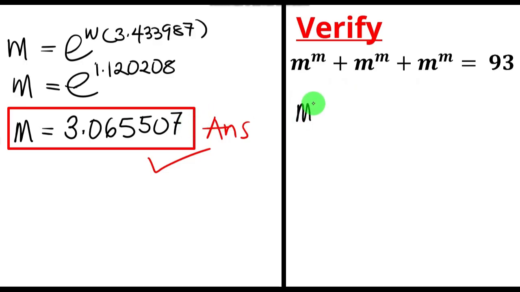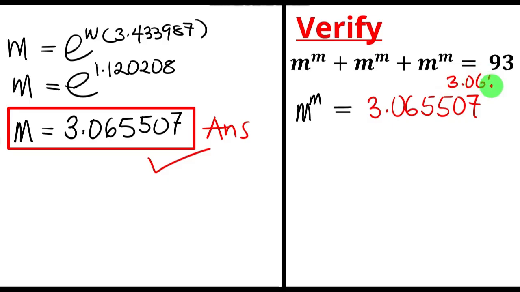Therefore, m raised to the power of m equals 3.065507 raised to the power of the same thing, that is 3.065507. Doing this by calculator, m to the power of m is approximately equal to 31.0.